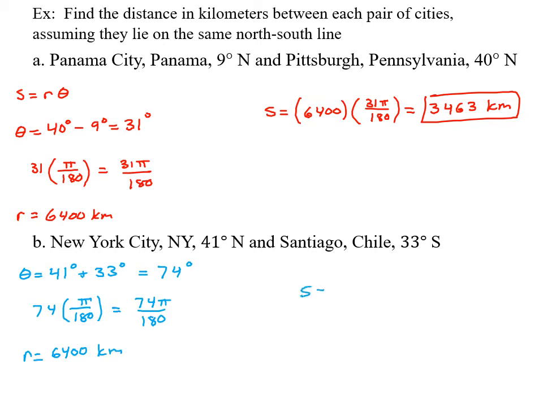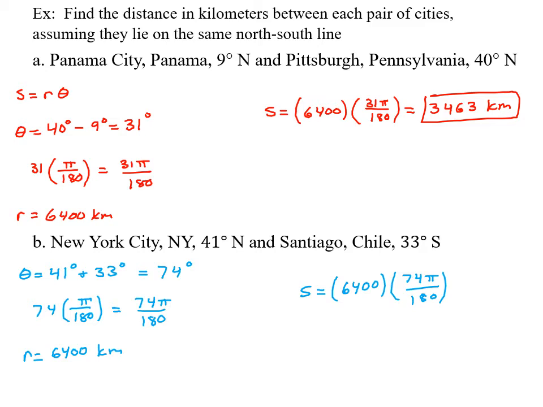And so my arc length would be my distance between my cities of 6,400 times 74. Uh-oh, I left the 4 off, didn't I? Not just 7 pi, but 74 pi over 180.